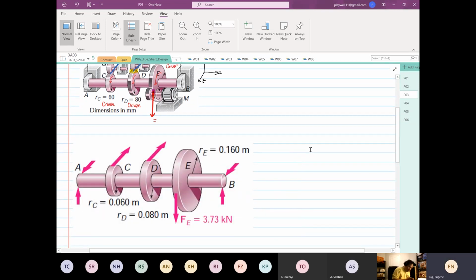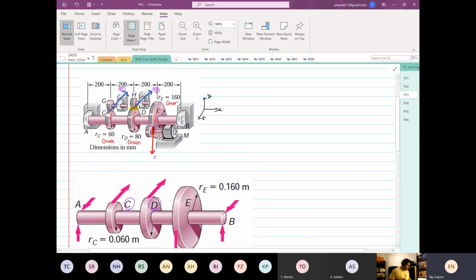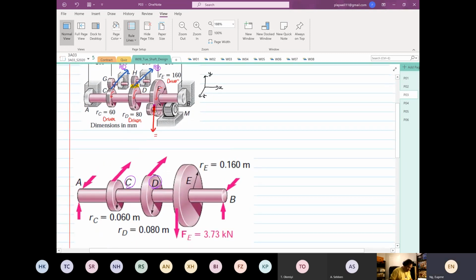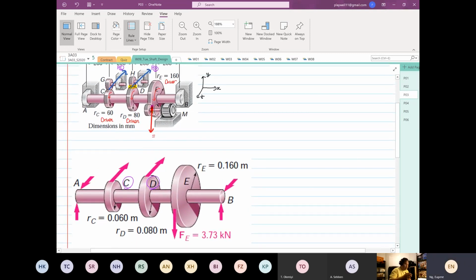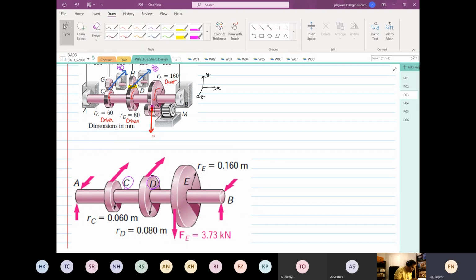I want you to watch at point D and point C what direction. It's exactly the same direction as we specified. So from here we can explain the logic behind why the forces are acting in this direction. Later on, we deal with the reactions at point A and point B.